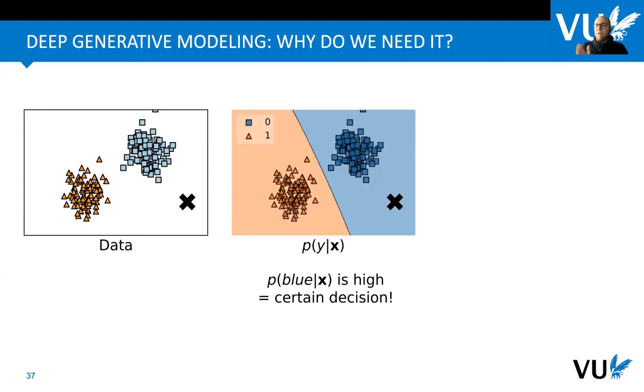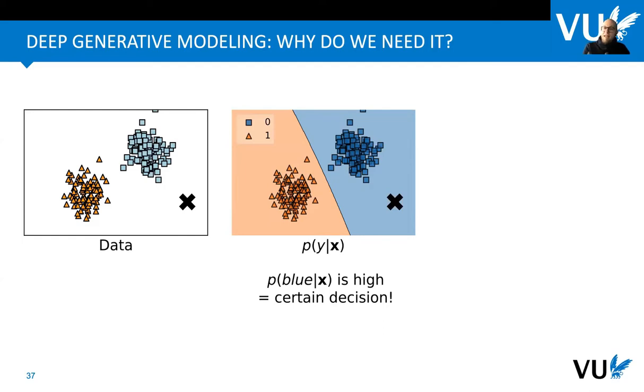What we can do, we can first fit a model to that. In this case, I just used naive Bayes, very nice classifier. And we see that it distinguishes these two sources of data perfectly, right? And we have a beautiful decision boundary.